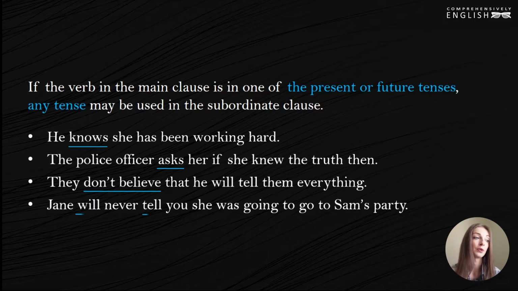In this case, the future tense is used in the main clause, but we can use a past tense in the subordinate clause. So this leads us to the idea: we can use present and future tenses in the main clause, and if we do, we can use any tenses in the subordinate clause. So there is no sequencing in this case, yeah?